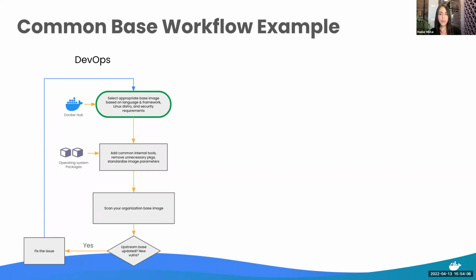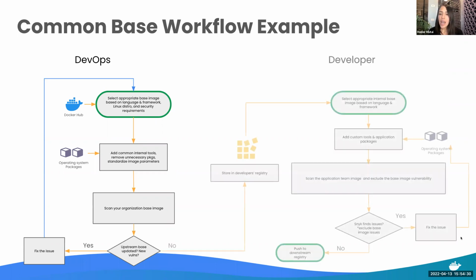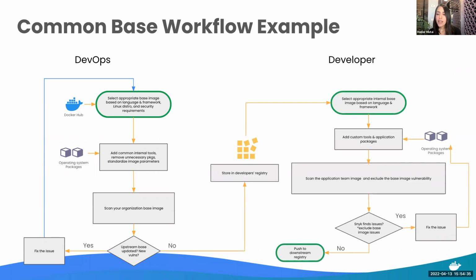And once the image is ready, it's scanned using a container security tool like Snyk. If the image has vulnerabilities, then they should be addressed and fixed. But if not, it's ready to be used by the developers. Once the image is pushed to the registry, the developer selects the appropriate custom-based image that was built by the DevOps.